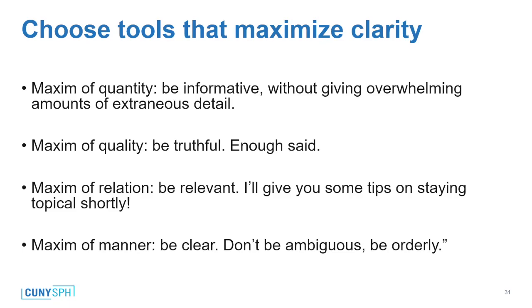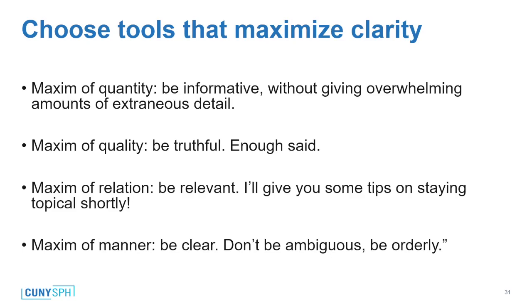There is a maximum of quantity: basically, we want to be informative without giving overwhelming amounts of extraneous detail. You want to be of high quality, you need to be truthful. The maximum of relationship: it has to be relevant. The data that you are linking has to be relevant, and you need to be on topic.